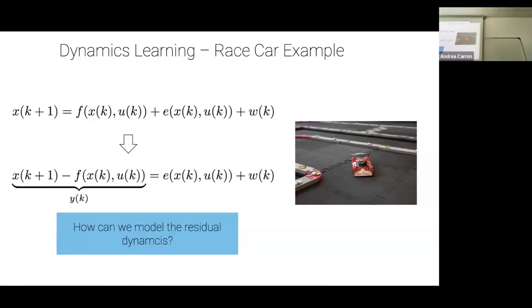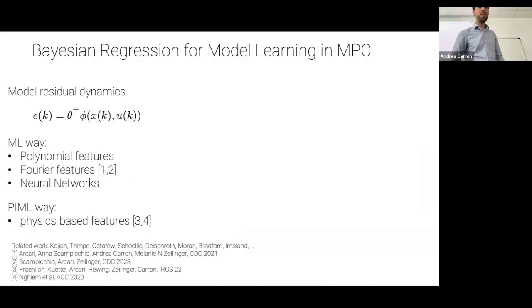And we mainly explored two directions in the last years. The first one is to use Bayesian regression for model learning. And the idea is that you model the residual dynamics as the product between some vector of parameters that are unknown, that we call theta, and some basis function phi that depends on the state and the input.